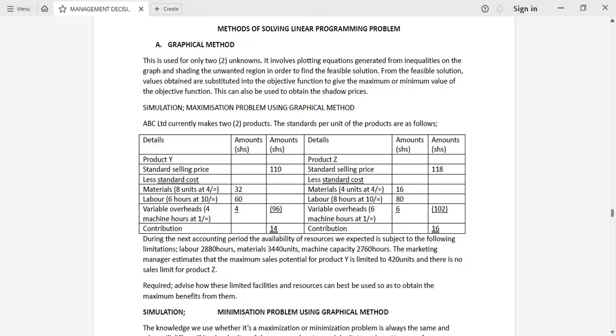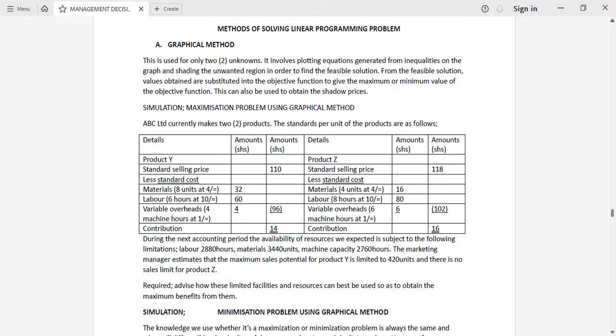Because what we used to do in QT, or in quantitative techniques, we were just getting the values of the unknowns. But here, after getting those values, we also go ahead and find the shadow prices, or the opportunity cost.